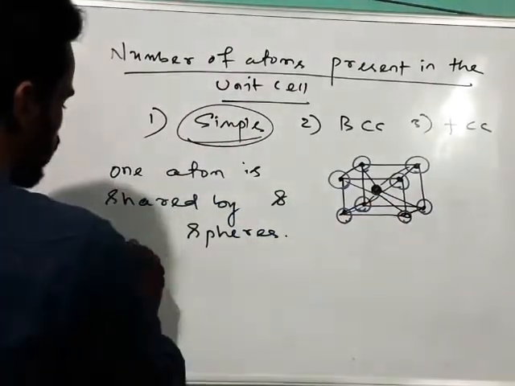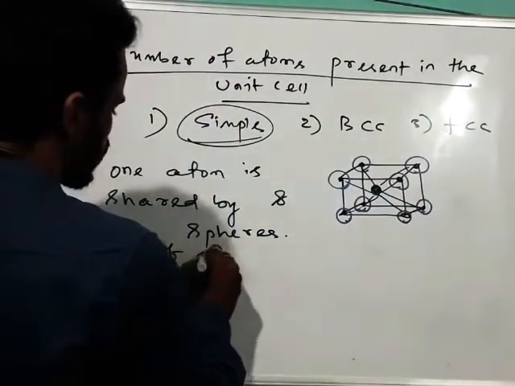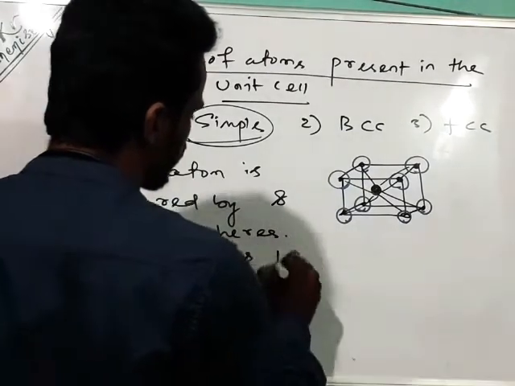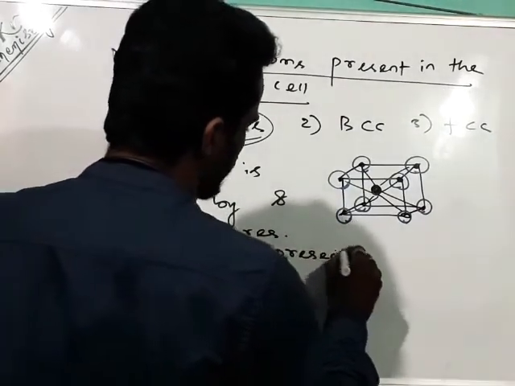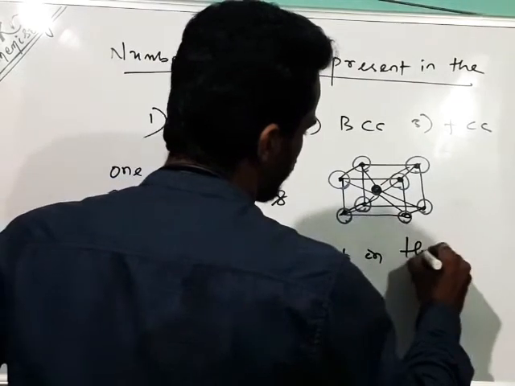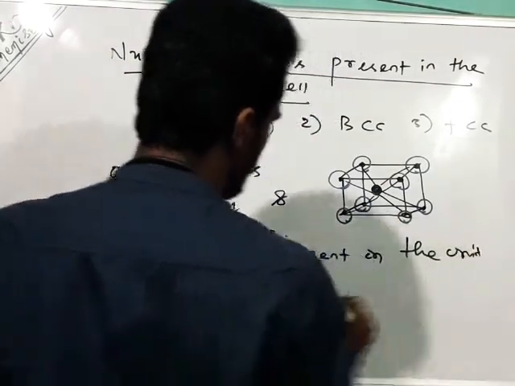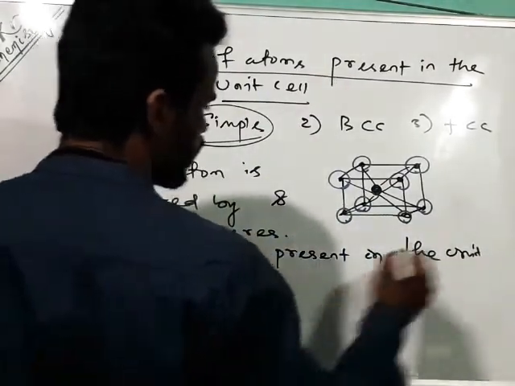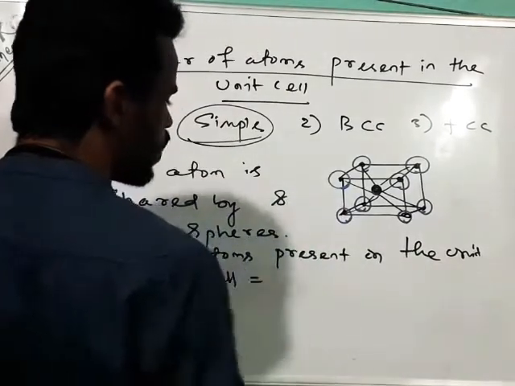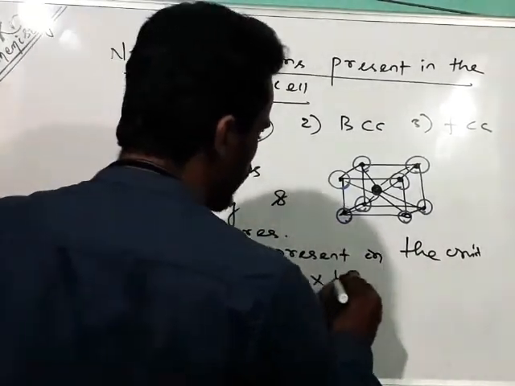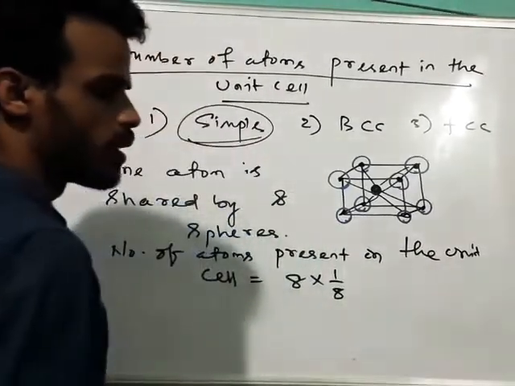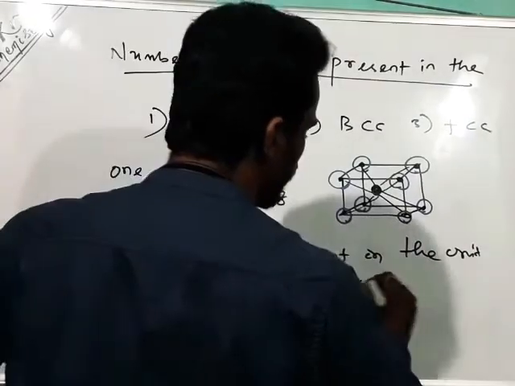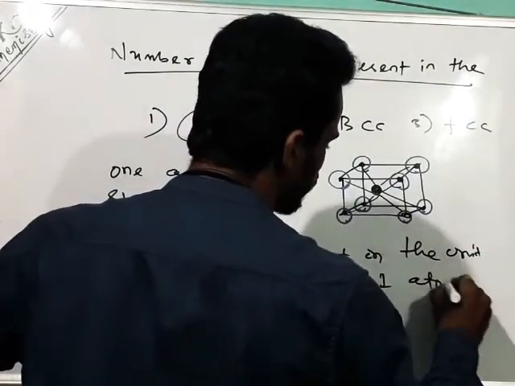So the number of atoms present in the unit cell is equal to 8 into 1 by 8, that is 1 atom.